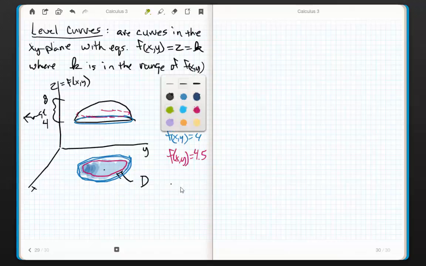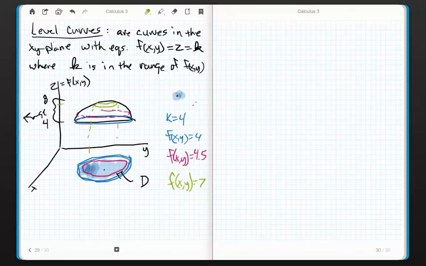How about, let's go green, how about f of xy equals 7? Well, that would be way up here, right? So now I'm just talking about this top guy, and if I project that down onto the plane, that idea of projection down is super helpful. You have no idea how helpful it's going to be down the road. I would get this little awfully drawn circle. That's it. These are the level curves.